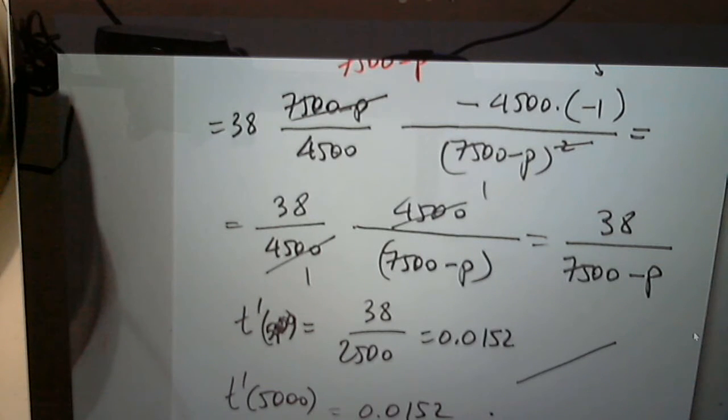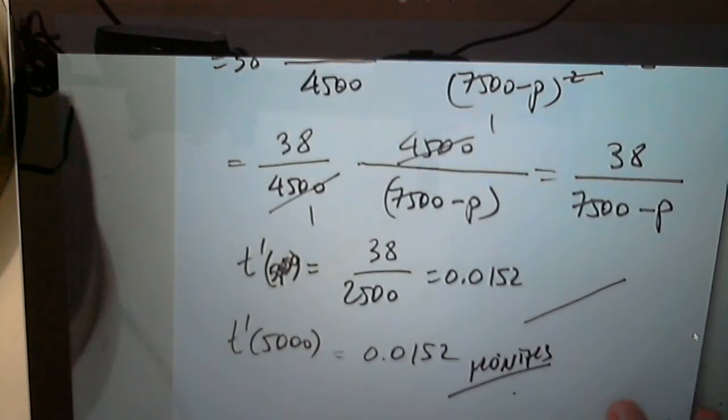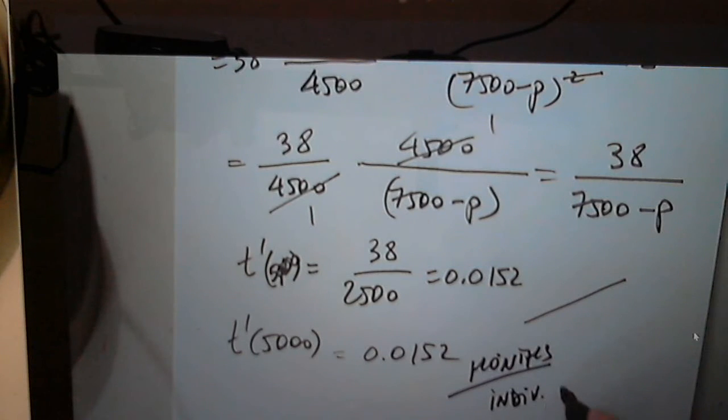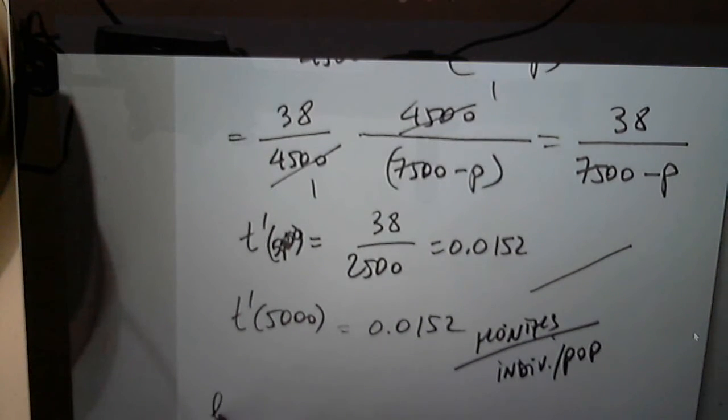The y variable is measured in months. Yes. And the x variable is measured in population, people? Yes, individuals. Number, yep.